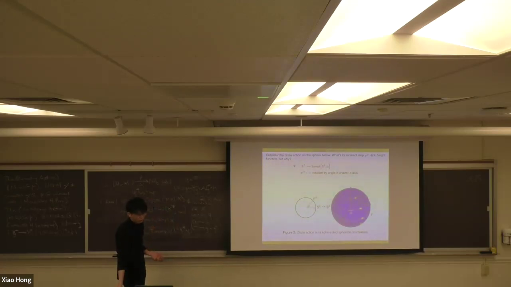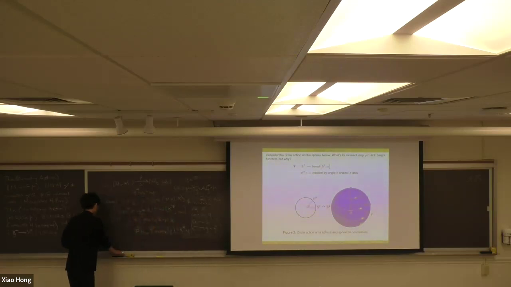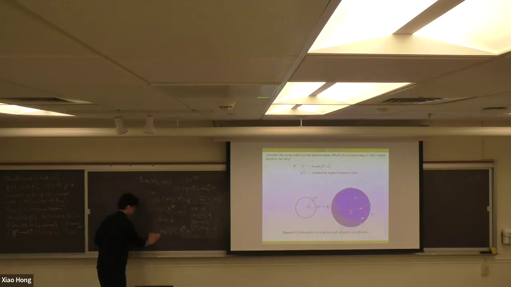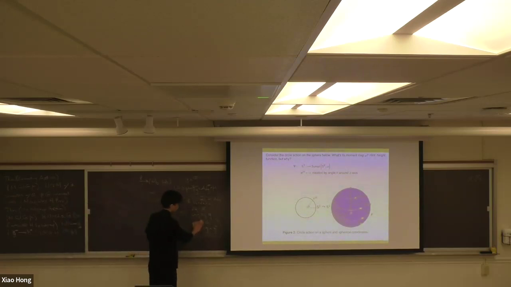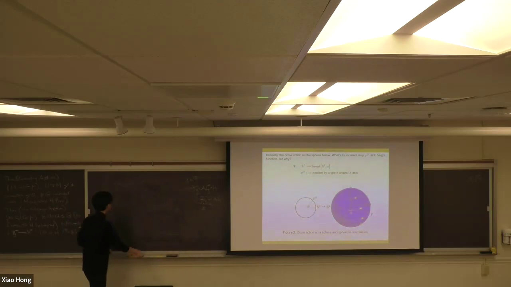So consider the circle action. The circle acts on the sphere by rotation, by the horizontal rotation. So for each e^(i theta), you rotate by theta on the sphere for each of the points.